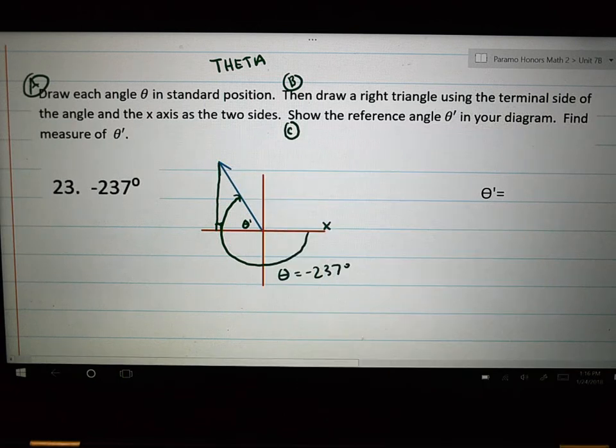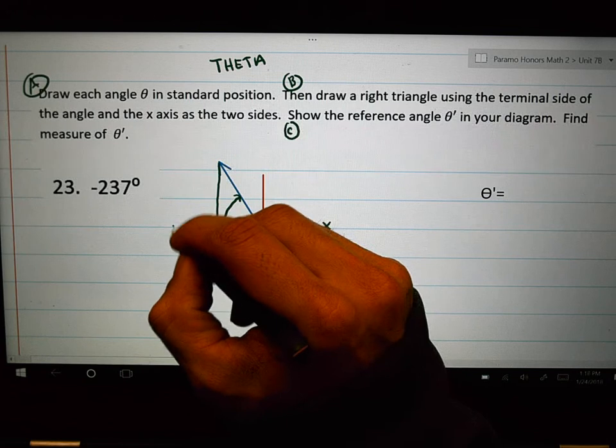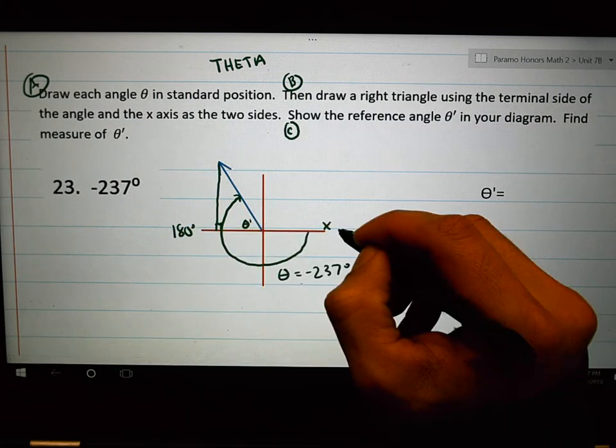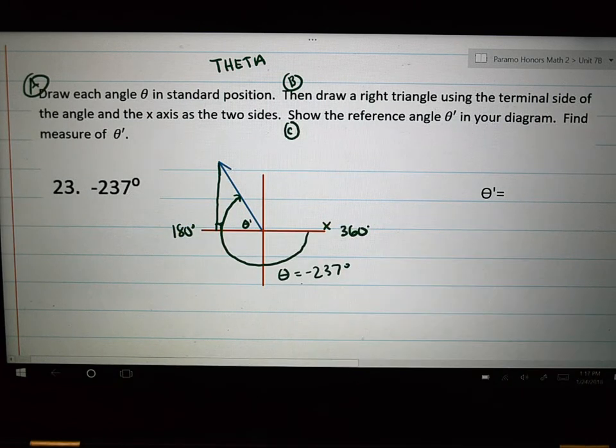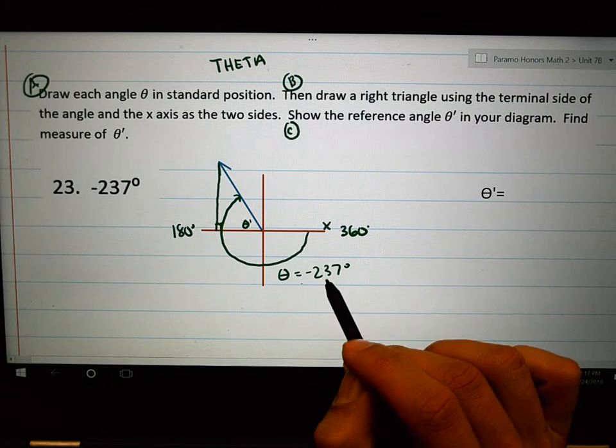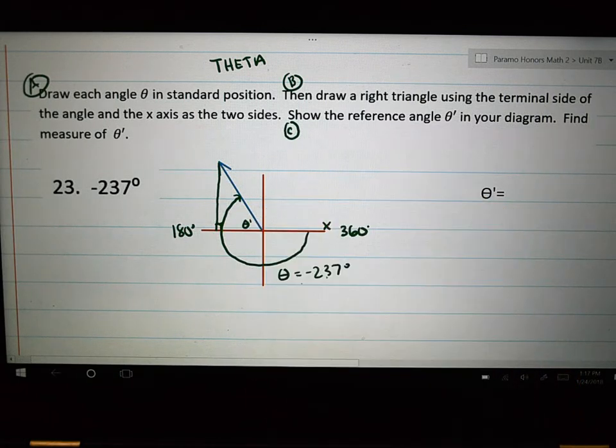So what you're going to really have to do on the problems that look like 23 is you're going to have to really keep in mind the 180 degree mark and the 360 degree mark. This 237 went past the 180 degrees, didn't it? And it could be even a negative one at that.